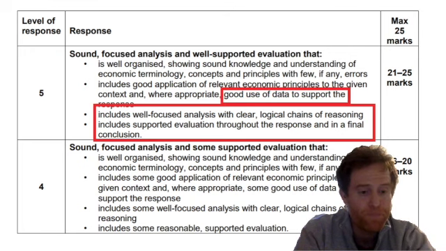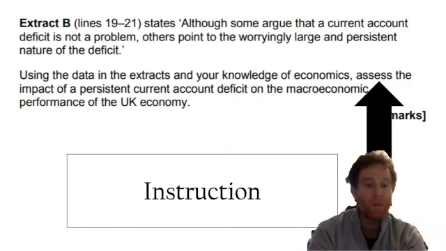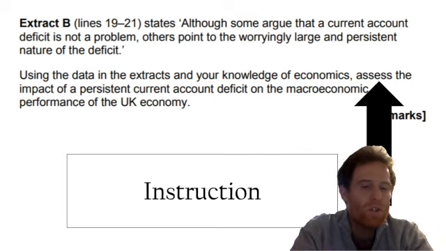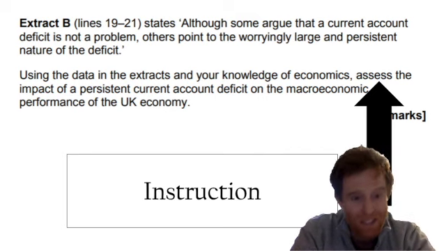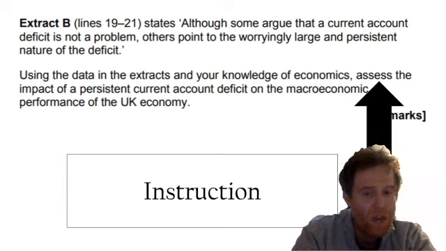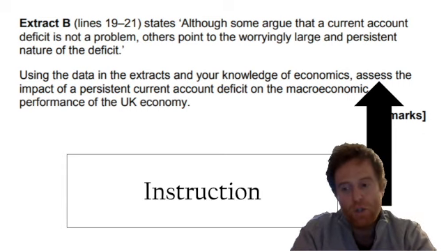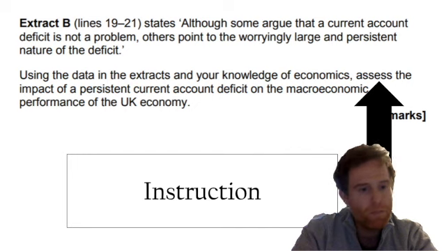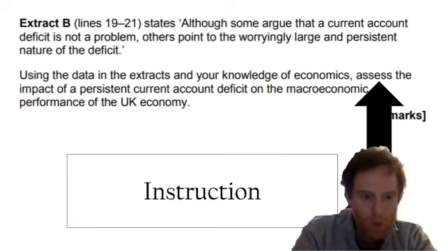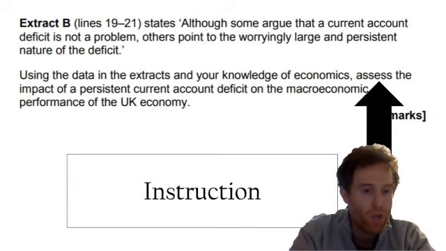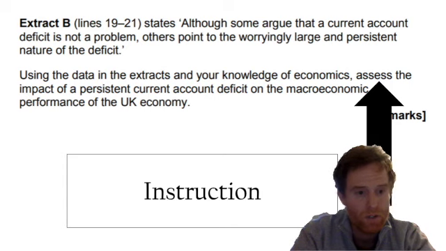Right, okay, so to begin with, the 25 marker, you should know this, but the command word could be assess, it could be evaluate, it could be justify, but you require an evaluation. Now, you should be evaluating throughout. It shouldn't just be in your overall evaluation. Every point that you make, point 1, you should evaluate that point. Point 2, you should evaluate that point, and then you should have your overall decision.